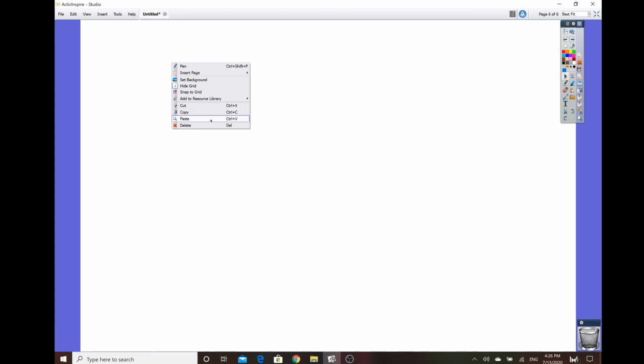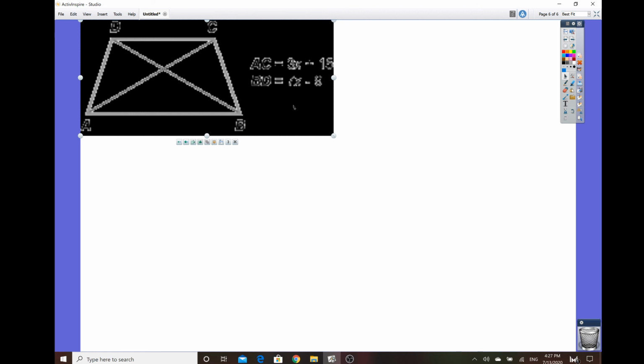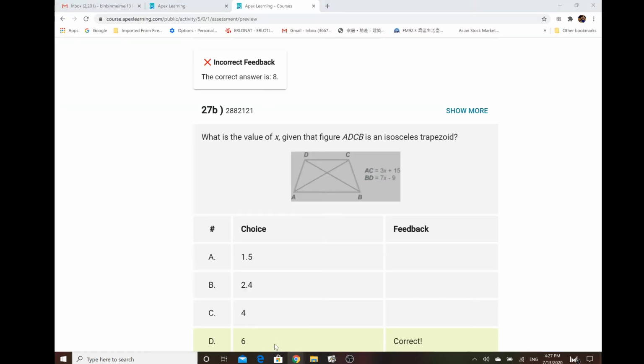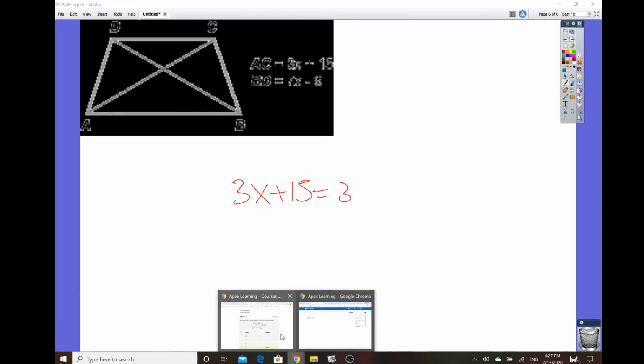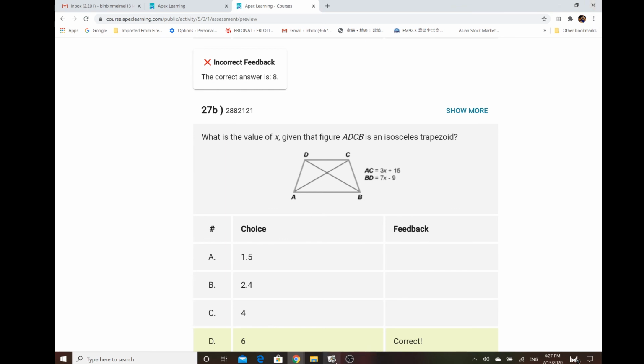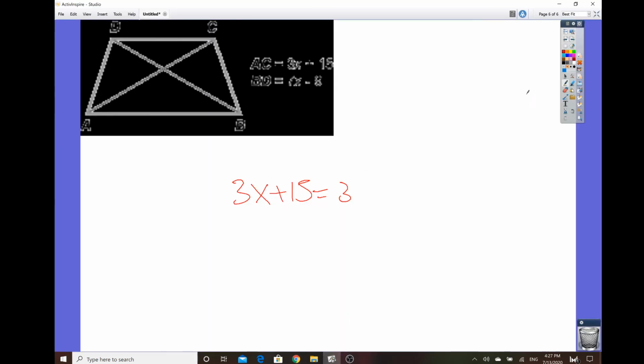It's hard to read those numbers, that was a terrible print. What we found here is 3x plus 15 and 7x minus 9. So the equation is 3x plus 15 equals 7x minus 9.